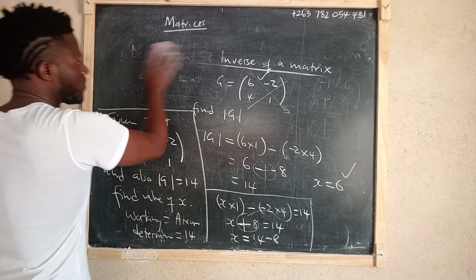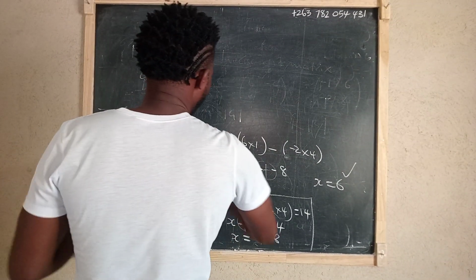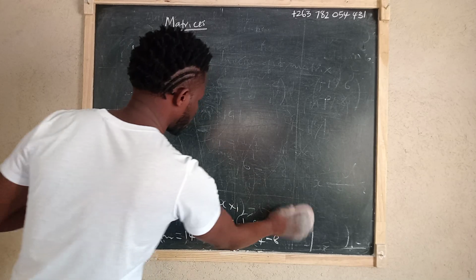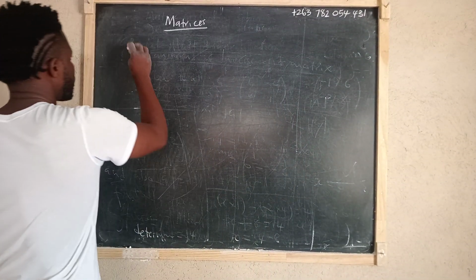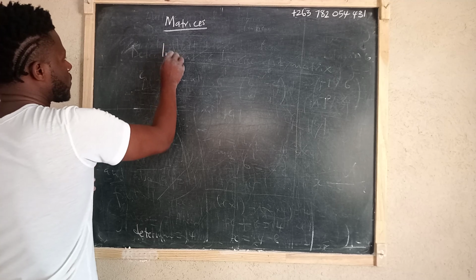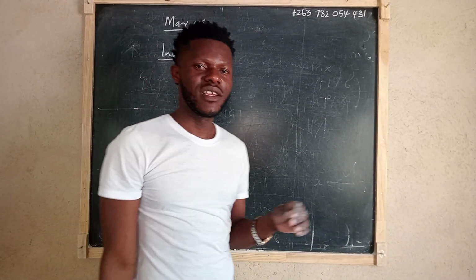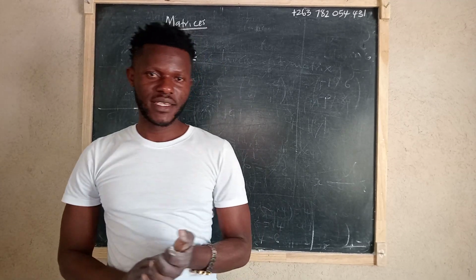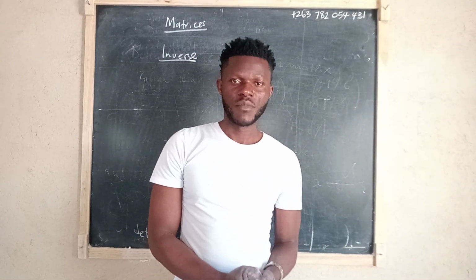Let's take a look at the inverse of a matrix. Again, inverse can only be calculated on 2 by 2 matrices. Why? Because it has something to do with the determinant.